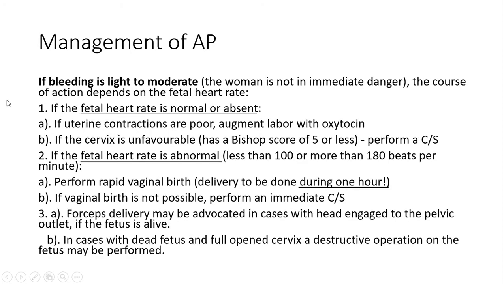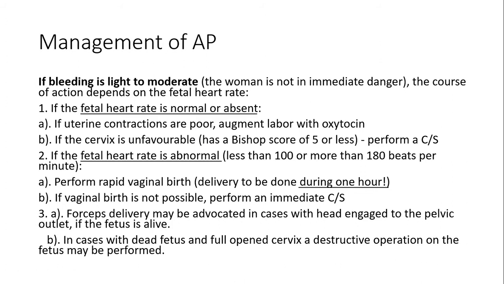What's the management of abruption of the placenta? If bleeding is light or moderate, what you need to do depends on the fetal heart rate. If the fetal heart rate is normal, first, if uterine contractions are poor, you can augment labor with oxytocin.